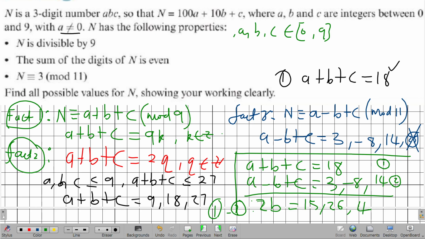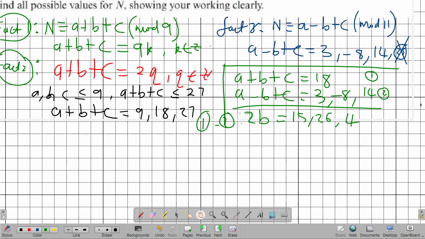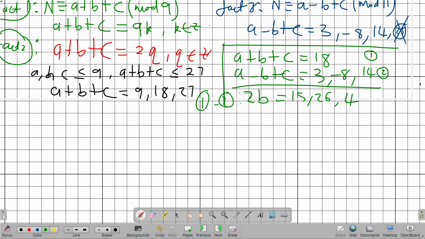So we cannot work, if b is an integer between 0 and 9, if I divide by 2 here, I can get a value of b that is either 15 over 2, 13, or 2. So if we solve for b, we're going to have either b is 15 over 2, b is 26 over 2, and b is 4 over 2.